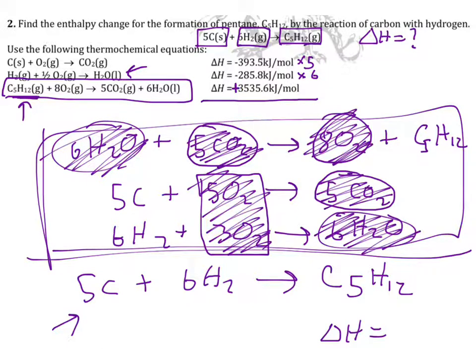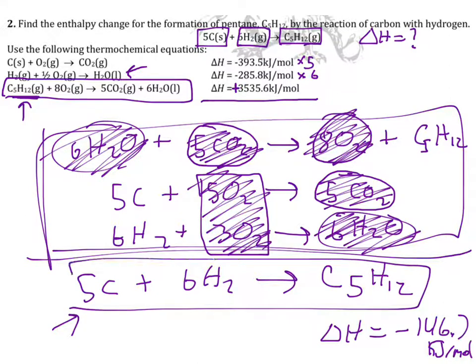And when we add these together, we get negative 146.7, and that's kilojoules per mole. All right. This happens to be an exothermic reaction because the delta H is negative. So that means it's going to give off energy when this reaction occurs.